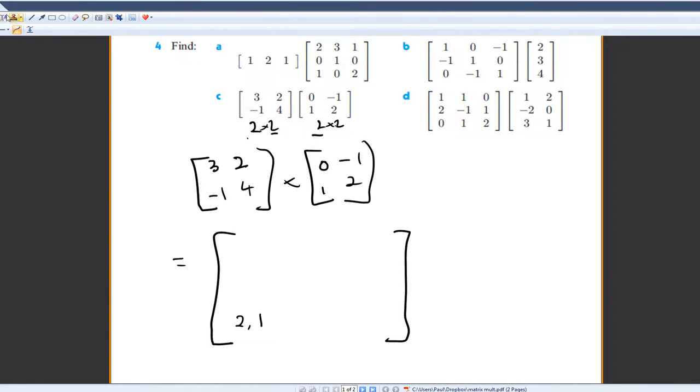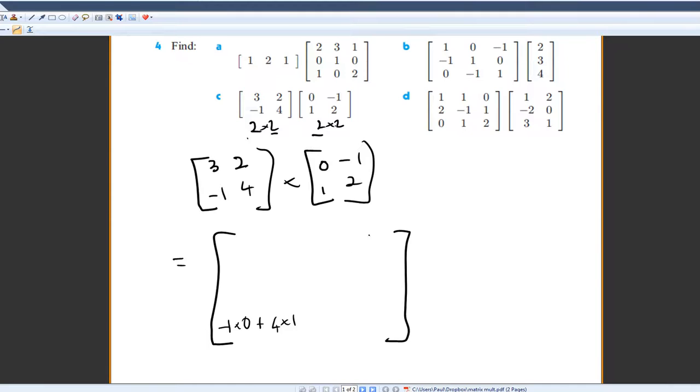Knowing that it needs to go in row 2, column 1 tells me which rows and columns I need to run and dive. So I'll need to run the second row and dive the first column. Run 2 and dive column 1. So it's -1 times 0 plus 4 times 1.